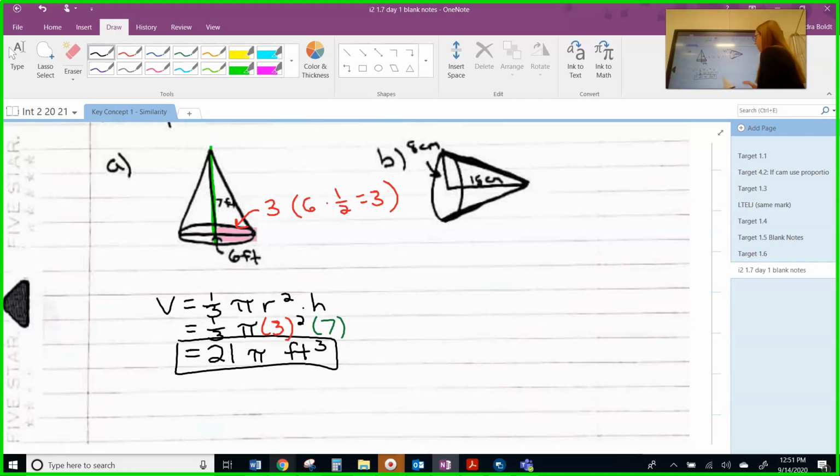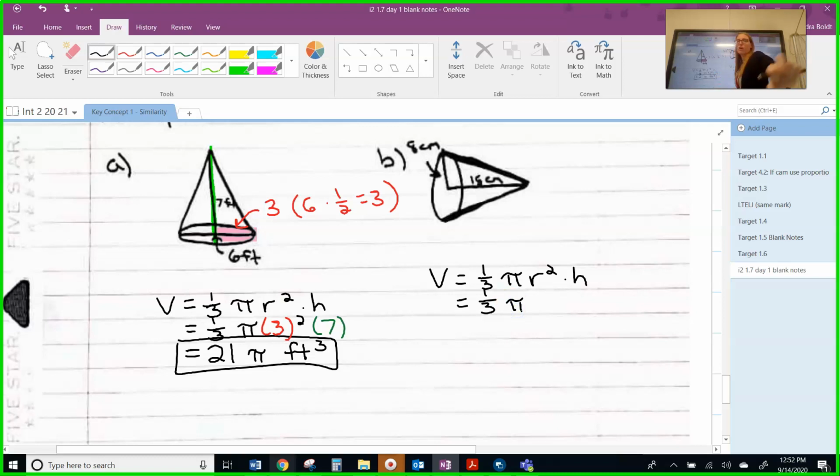Our last example here, again, this one has been flipped over, but our volume, still 1/3 pi r squared times height. And 1/3 doesn't change, the pi doesn't change. We have to figure out what our radius is.